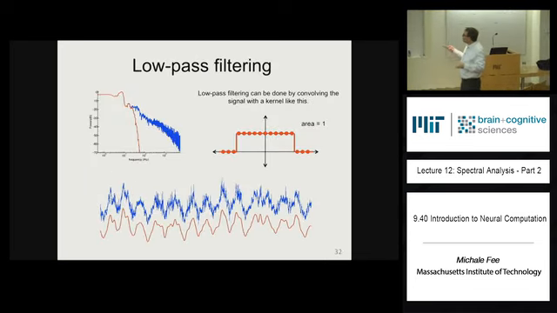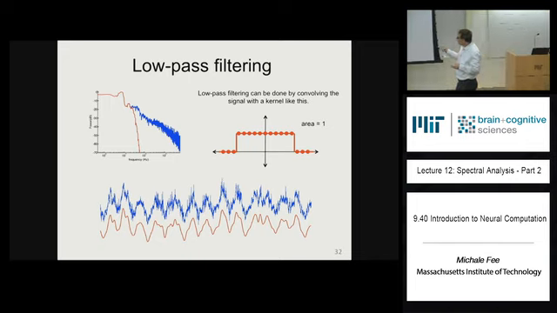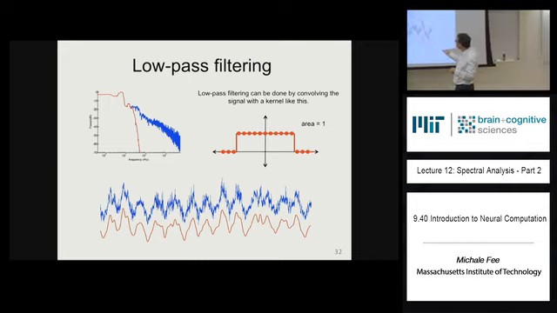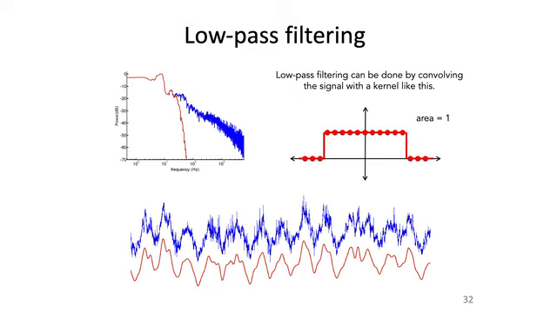So this is what we just talked about. This was actually a neural signal that has spikes up here and local field potentials down here, and we can extract the local field potentials by smoothing the signal, by low-pass filtering it, by convolving it with this kernel here.